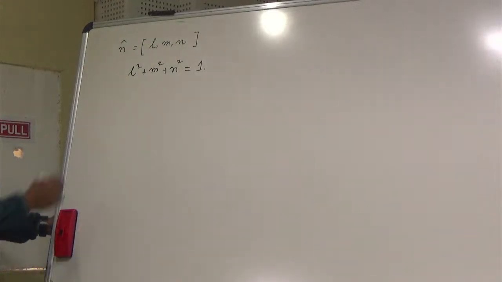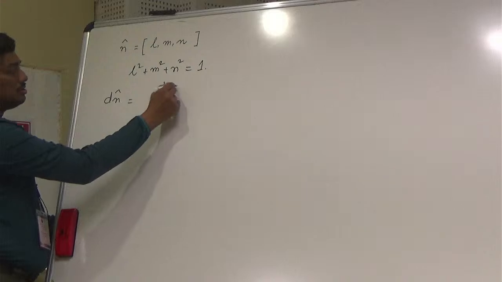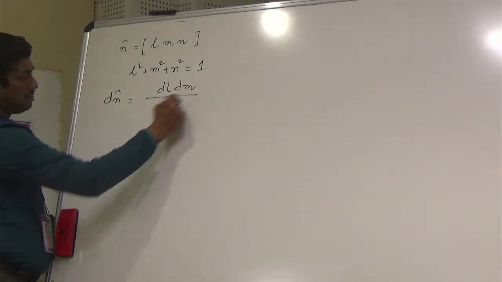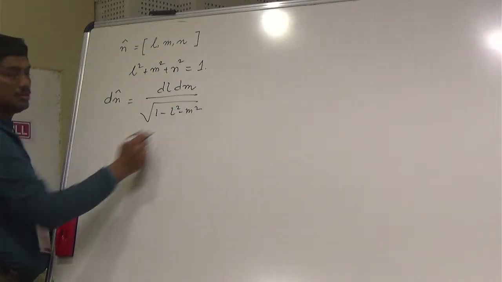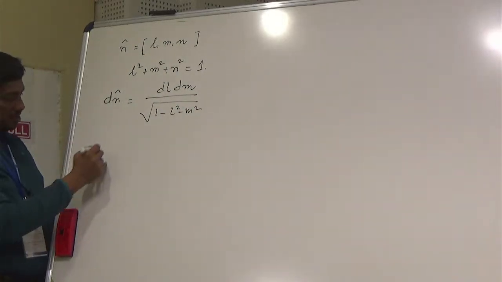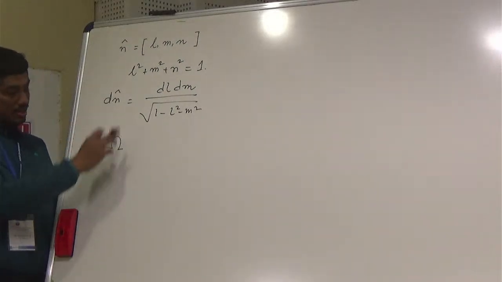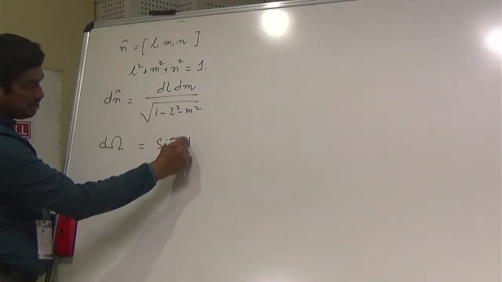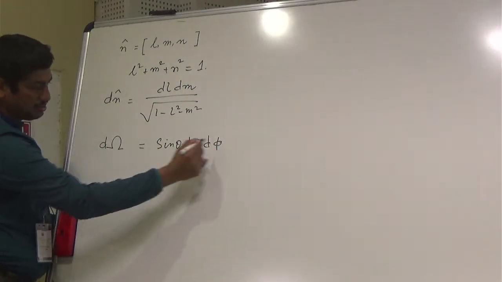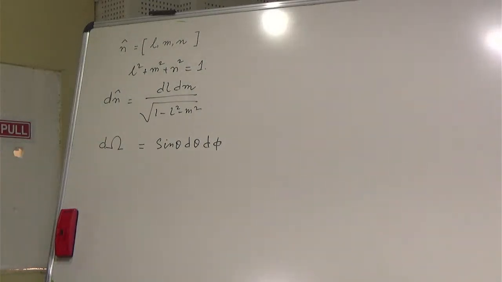Because this is a unit vector, this has to add up to 1, remember? Right. So when I say d n cap, you can figure out that this will be an integral like this. Same thing, somebody else can write as d omega, again solid angle, and that you know is sin theta d theta d phi. Same thing. Polar coordinate system.